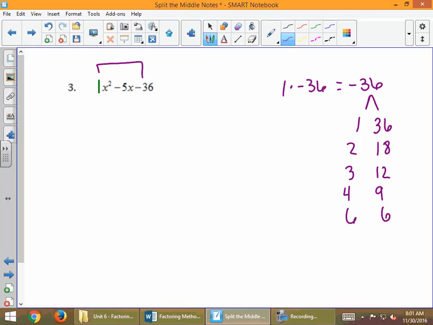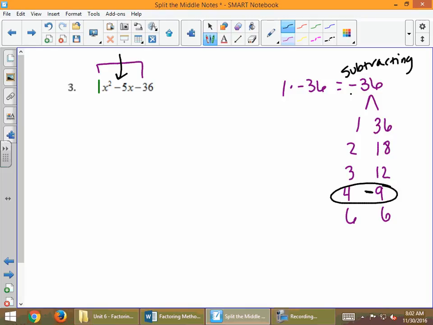Okay, here's the thing. This number that we multiplied is negative. So that means we're subtracting these values. So then, which ones subtract to give us our middle number, -5? 4, 9. How would they have to subtract though? 4 minus 9 or 9 minus 4? 4 minus 9.